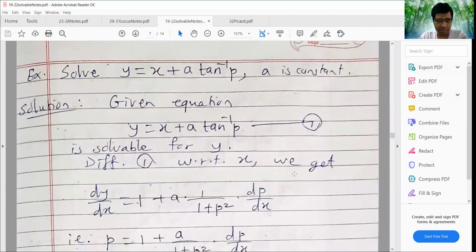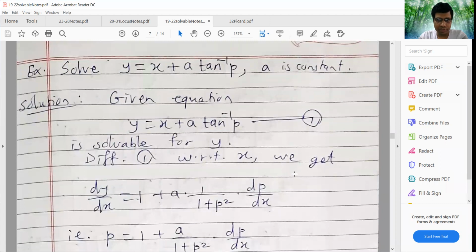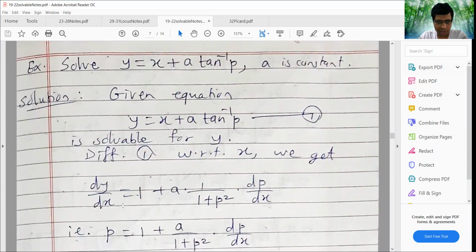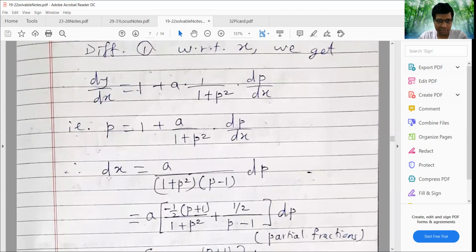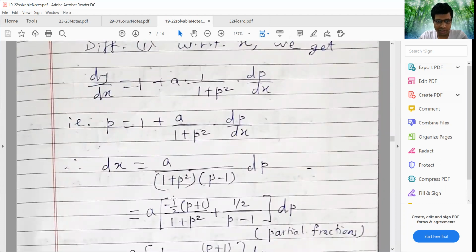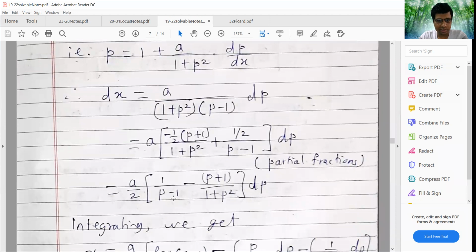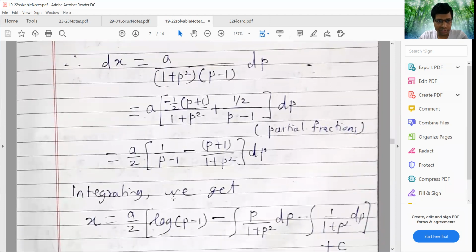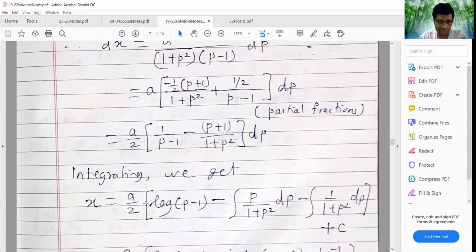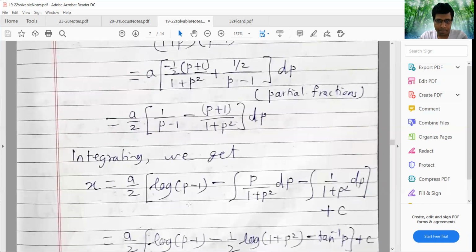So here is one example which we can solve for y, and differentiating we get dy by dx as p, and now we get this as a first order first degree differential equation in p and x.